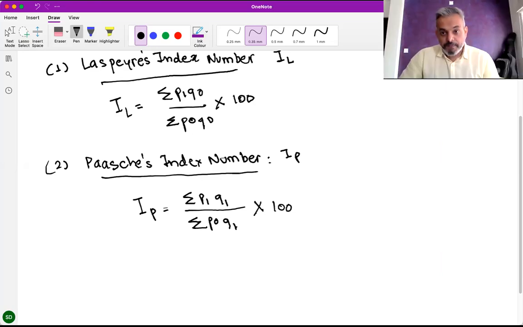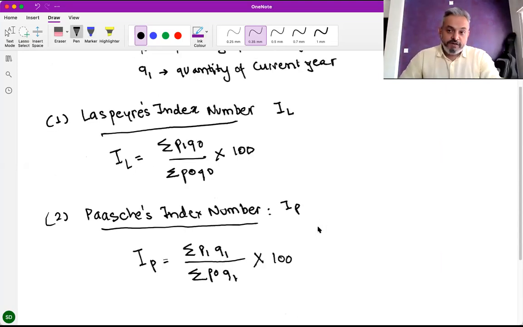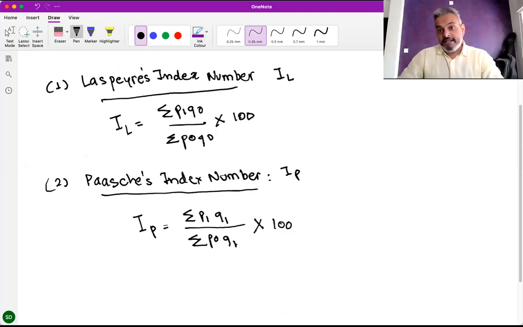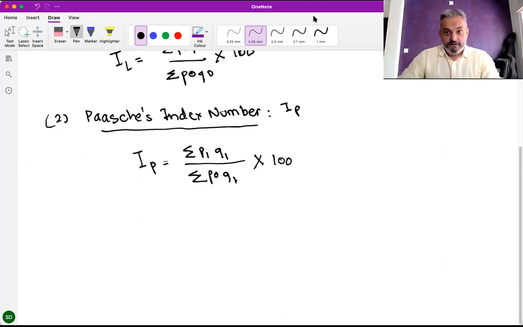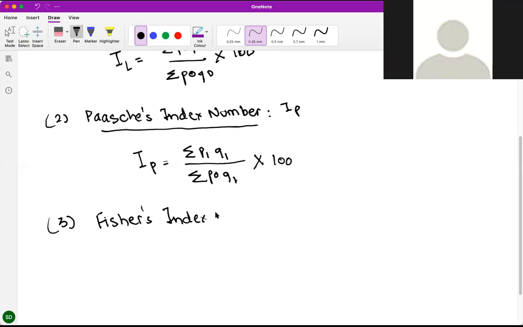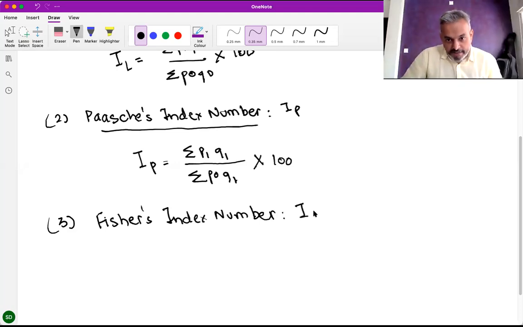Now, these two gave the formula, but still their formula was not considered to be an ideal index number. So then came the third statistician, and see how smart he is, the third statistician whose name is Fisher. So we had the third one, Fisher's index number, denoted by IF.